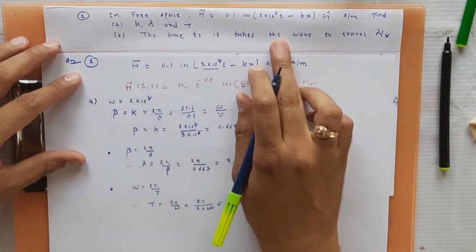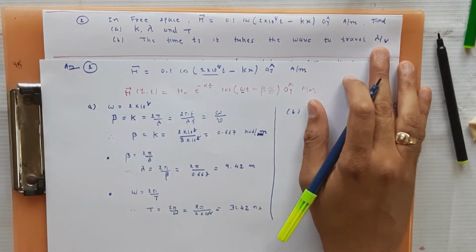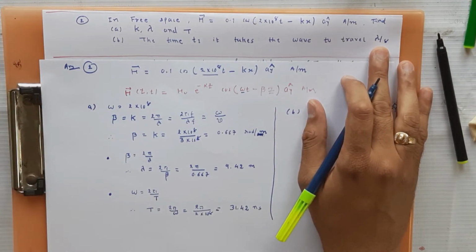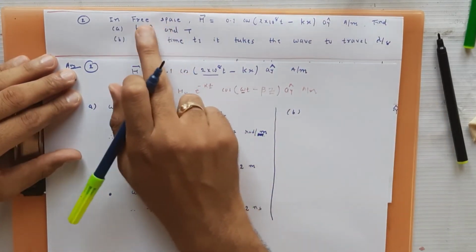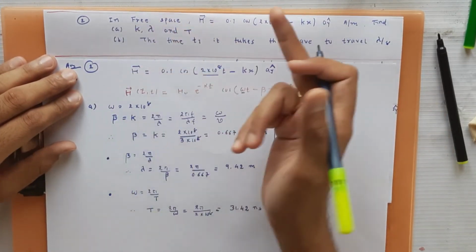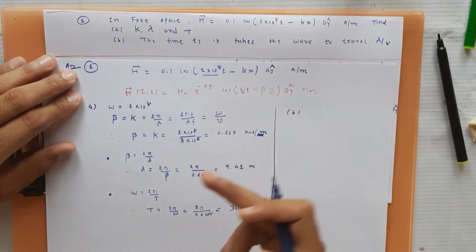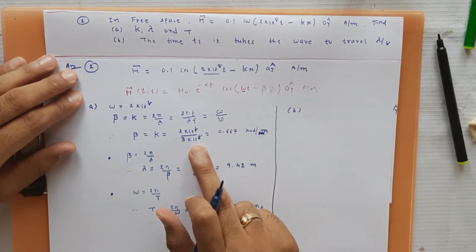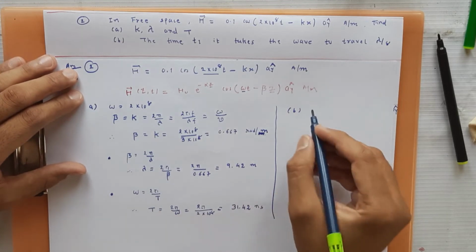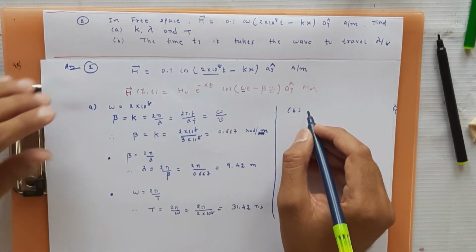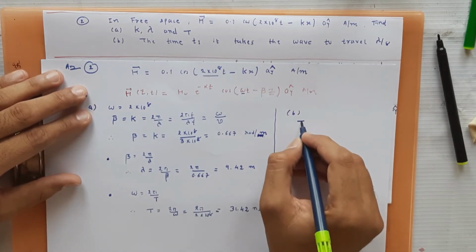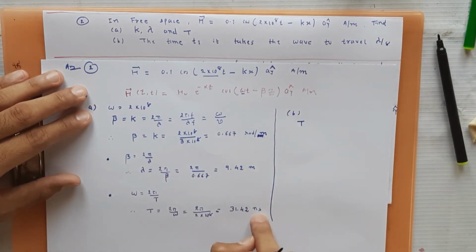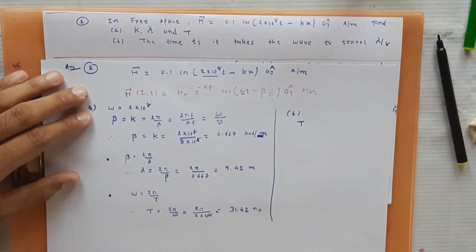And part B: the time t1 it takes the wave to travel lambda by 8 distance. It is given that the wave is propagated in free space with a velocity of 3 × 10^8 meter per second. So we can say that capital T, which we have already found, is the period of the wave, and it takes T seconds to travel a lambda distance.